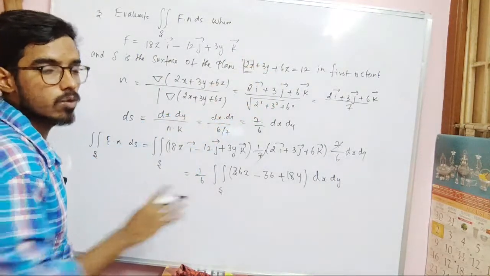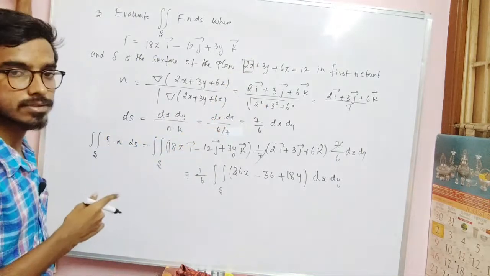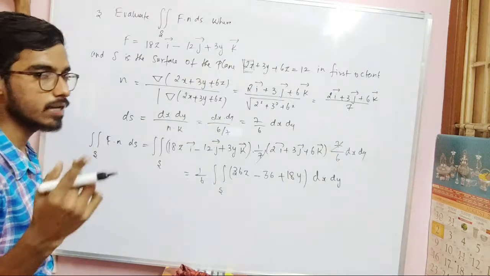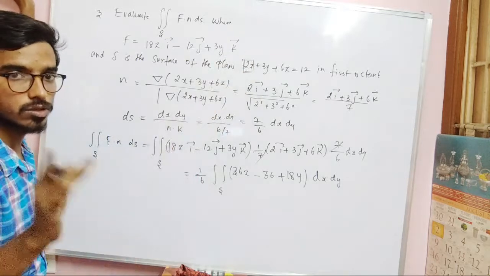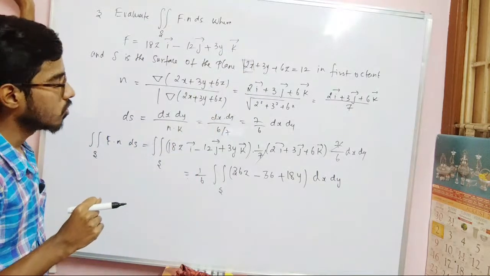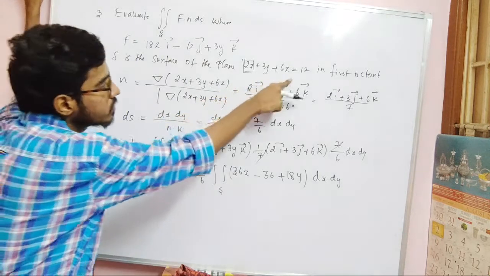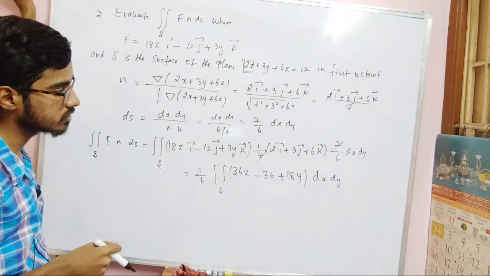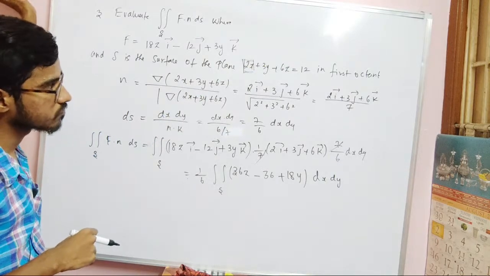This method only works for the first variable. Here the first variable is x. So again, if you want to find the z limit, you cannot just substitute x is equal to 0, y is equal to 0. Important point. Now substituting y is equal to 0, z is equal to 0, that means x is equal to 6. That means x varies from 0 to 6.